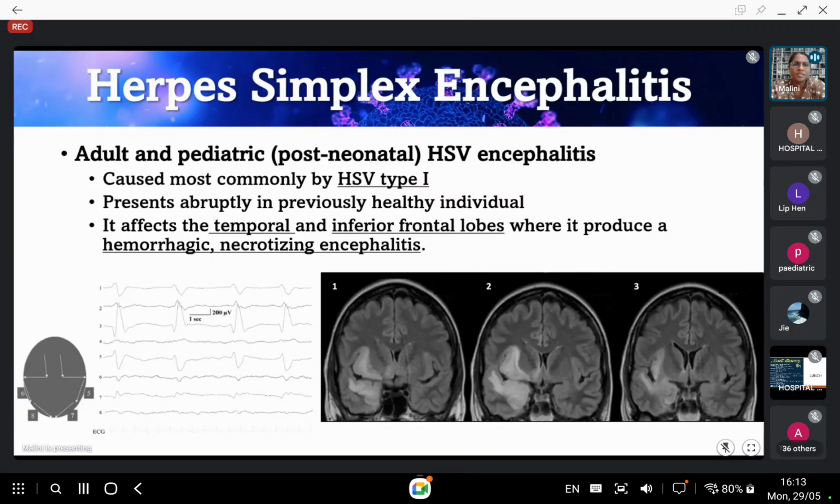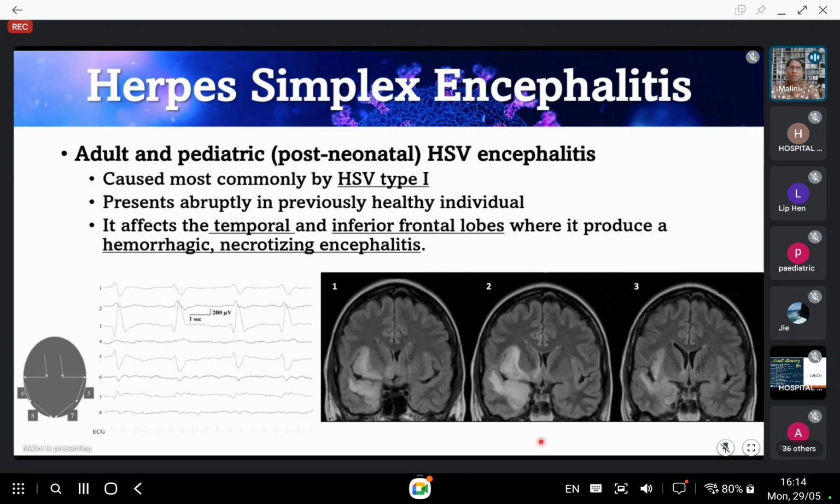But it affects the temporal and inferior temporal lobe, and can cause very severe encephalitis. You can see the inferior frontal lobe and the temporal lobe, and very abnormal T2 signal intensity.